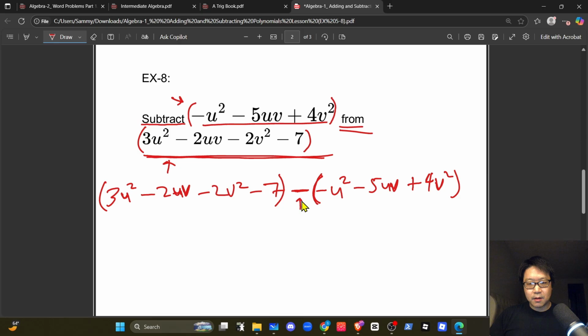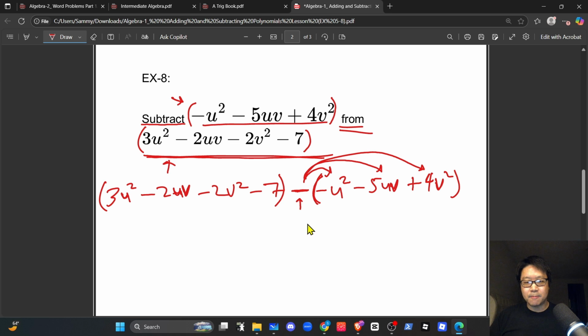This negative sign or subtraction sign has to be applied to every term. That's what the parentheses help us to do. We're distributing the negative to each term in the second polynomial, which would reverse the signs of all the terms. So let's go ahead and do that.